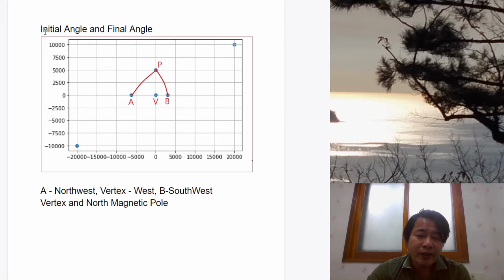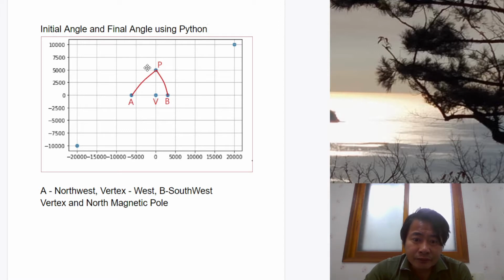So we can find the initial angle and final angle using Python. Python is very useful.